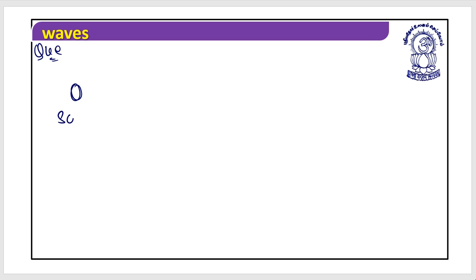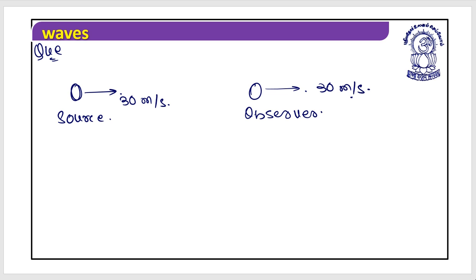Yes, great. Now let's look at certain questions. Let's suppose this is the source and this is the observer. The source is moving in this direction with 30 meters per second. The observer is moving in the same direction with a speed of 30 meters per second. The speed of the sound wave is not given, but let's call it v.